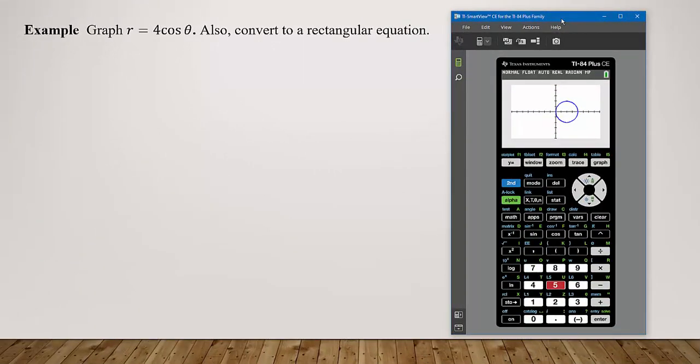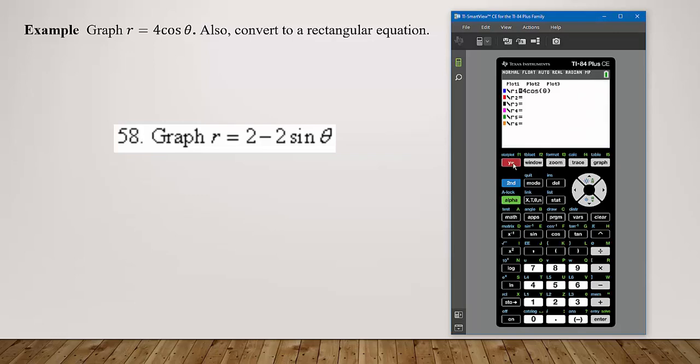All right, folks, before we go any further, let's look at the graph of number 58 here real quick. The polar equation was r equals 2 minus 2 sine theta.